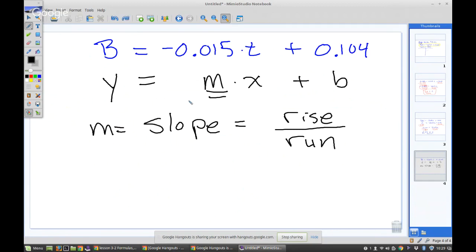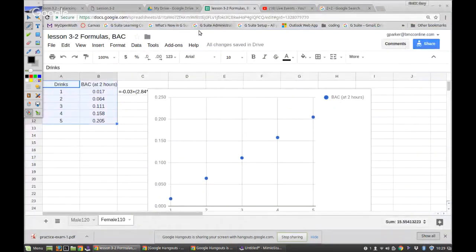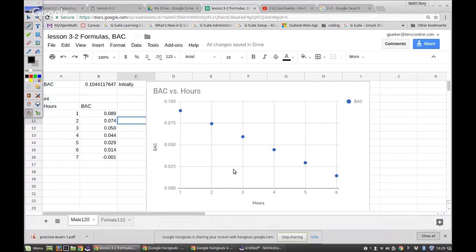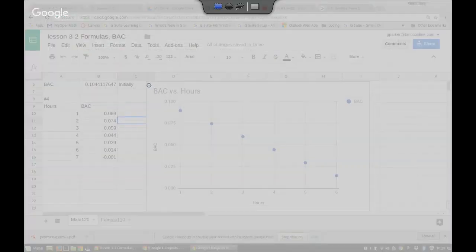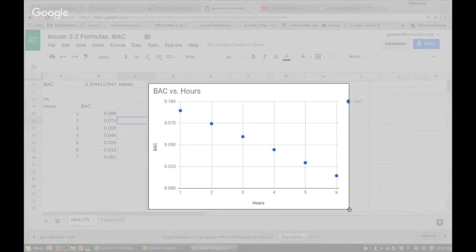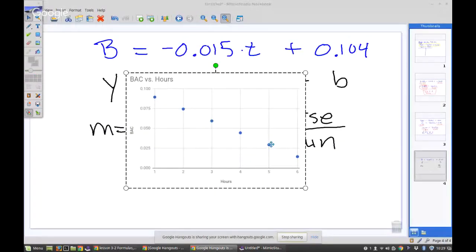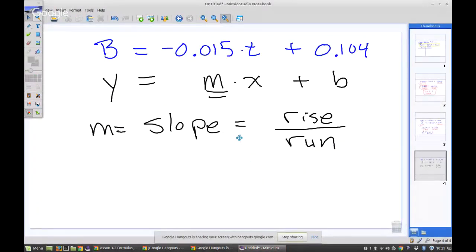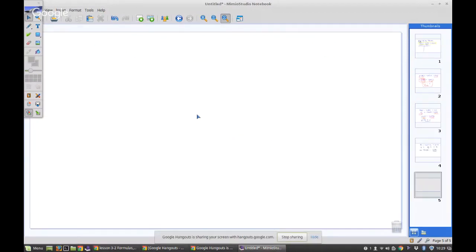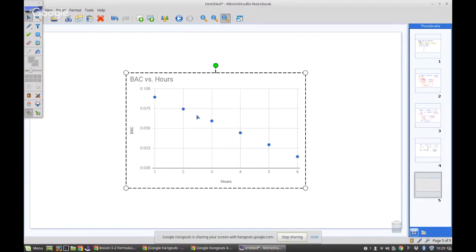I'm going to grab this graph so we can take a look at it. Take a look at the graph that you drew on page 2, I think it was.